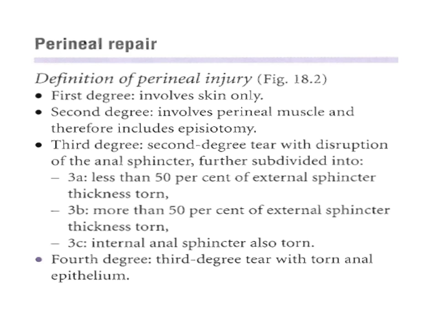The fourth degree perineal injury includes injury when there is a torn anal sphincter in association with torn anal epithelium. That is to say, when the laceration extends to involve the anal epithelium as well.